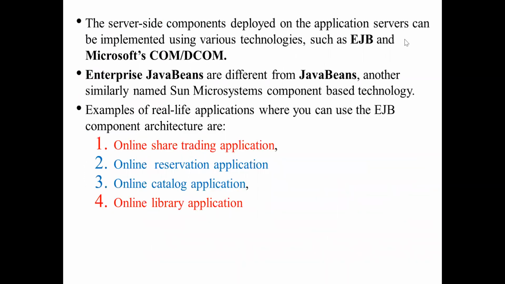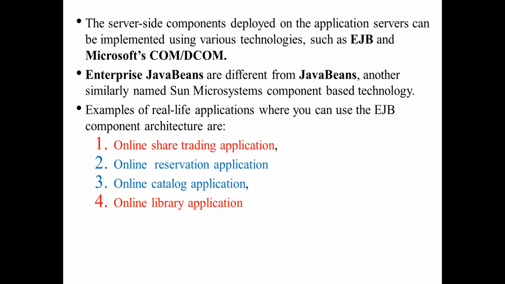And the next one, when we use EJB as a server side component deployed on the application server, we can implement it using various technologies such as EJB and the Microsoft COM and DCOM.